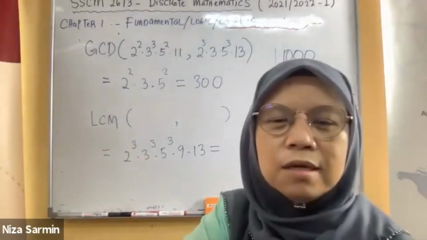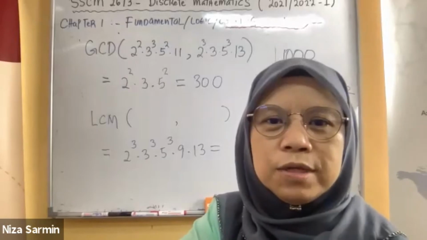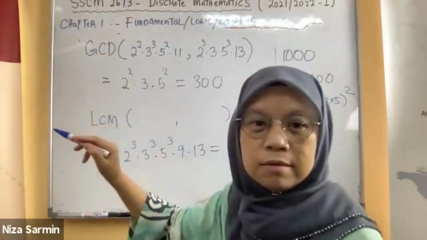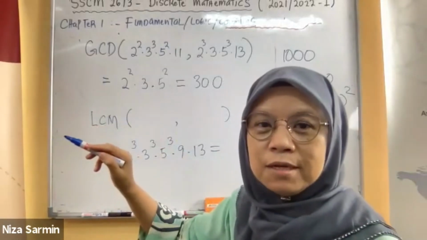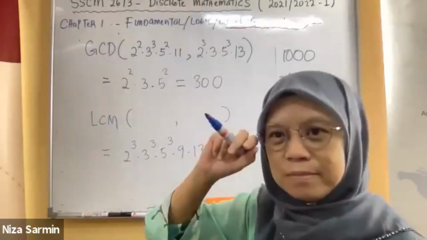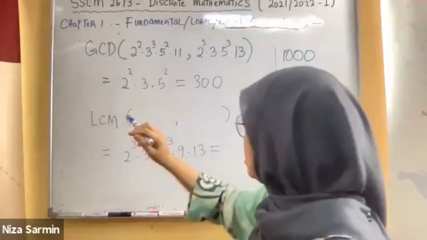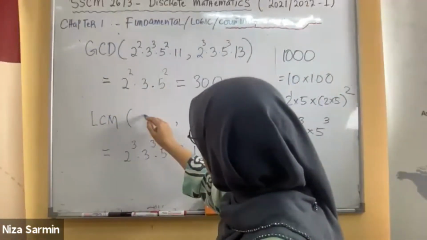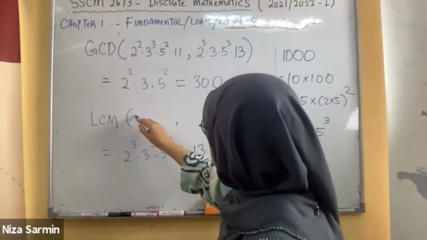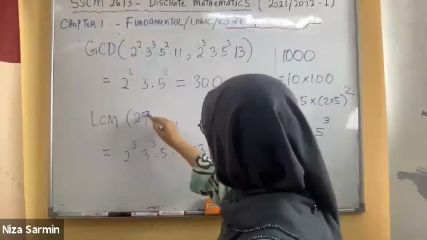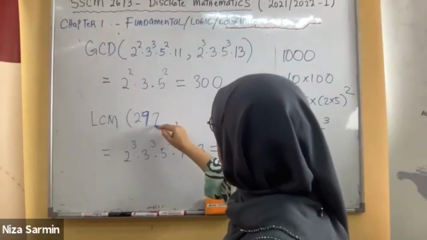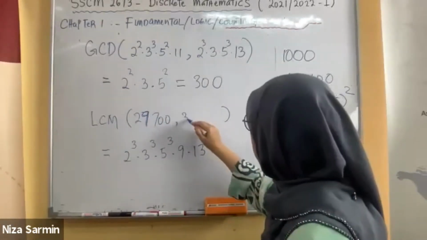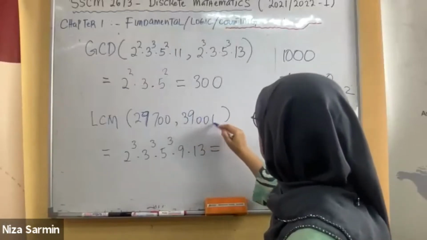Who said just now that they couldn't hear? Alia? Who was speaking? This is the same number as just now. 29,700. Where? Here? Yes, 29,700. This one? 39,000. Yes.